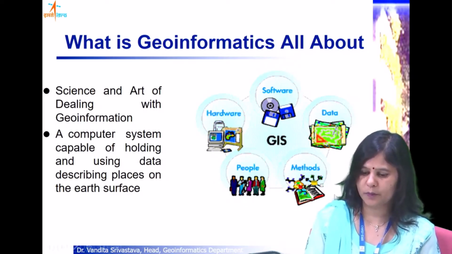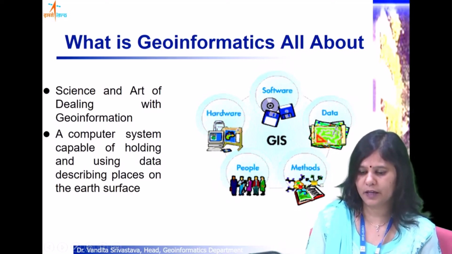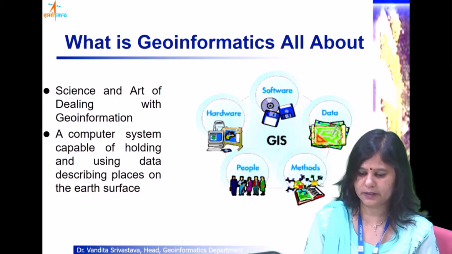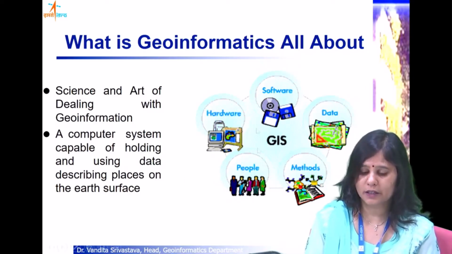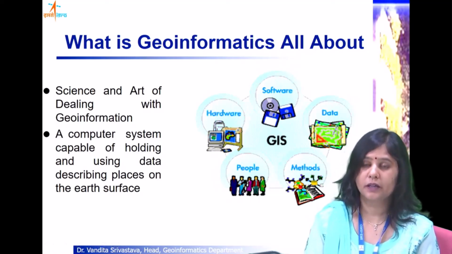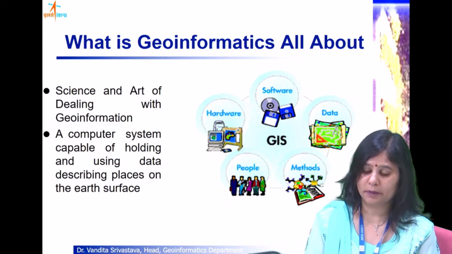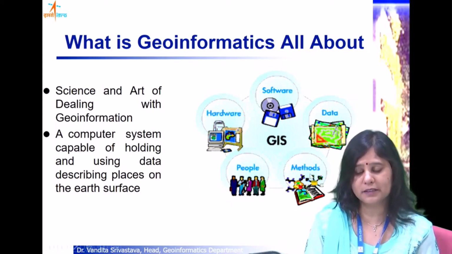Or maybe we can do imports and exports, but we require the data that pertains to geography, that particular geographic phenomena under study. Then we require people who will be doing all this. They can be GIS users, the end users, or they can be the developers, beginners, learners. So all these are people. And what are methods?